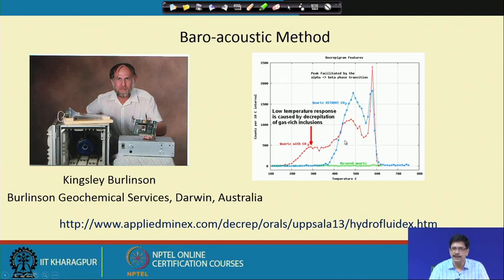This can be correlated, as shown before, with the gold grade and the decrepitation peak. Depending on where the decrepitogram peak is obtained, some delineation of the ore body or the rich mineralization zone could be made, as is being practiced by this method.